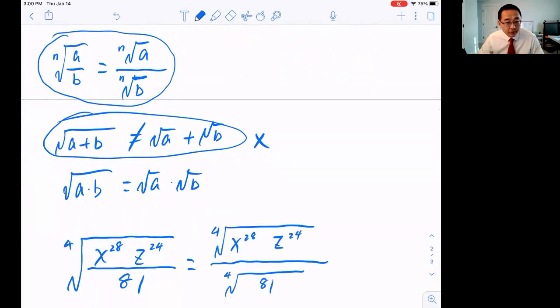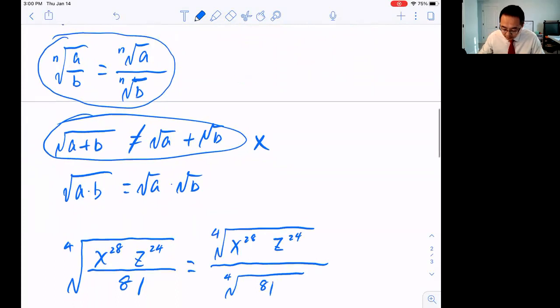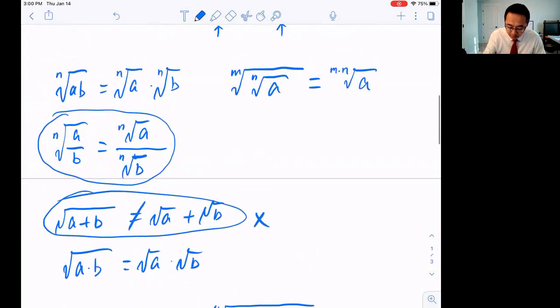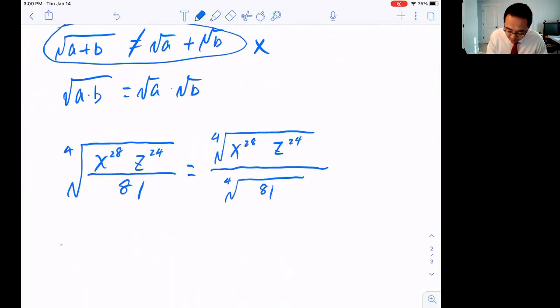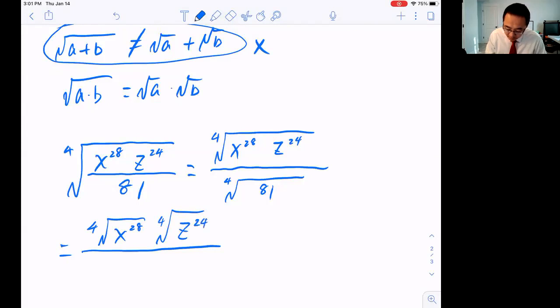Everybody with me so far? And then in the numerator, we can apply this rule right here. And so this equals the fourth root of x raised to the 28th power times the fourth root of z raised to the 24th power.